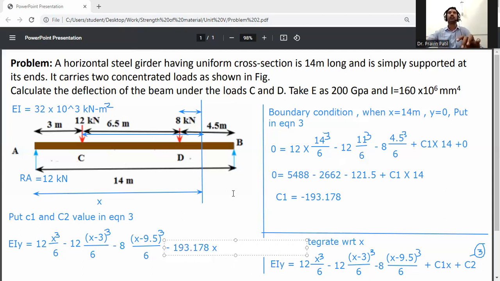Okay, so this one is the deflection equation. You can write this down, it is equation number 4.